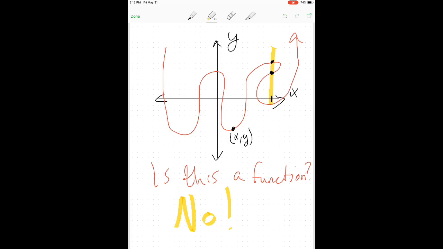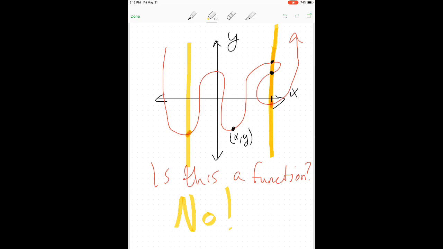And how can I figure out if something is a function? Well, if I draw a vertical line through the graph, it can only cross at one point. Over here, this is all good, right? I draw a vertical line, it only crosses right there. But here, I'm crossing at 1, 2, 3 places.